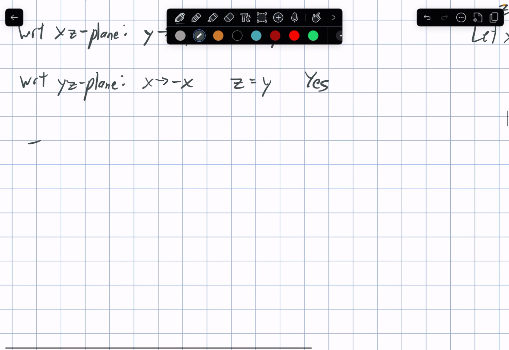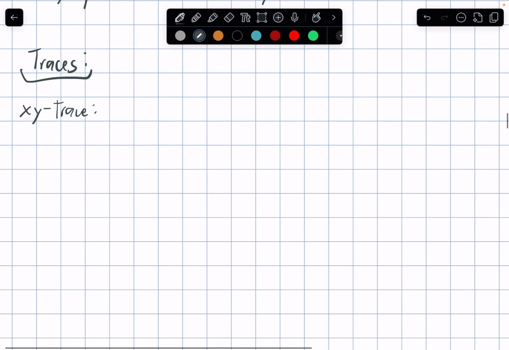Okay, now let's move on to traces. The first plane, xy plane, sorry. We draw the trace for the xy plane. Let xyz, z is not there, so z equate to 0.